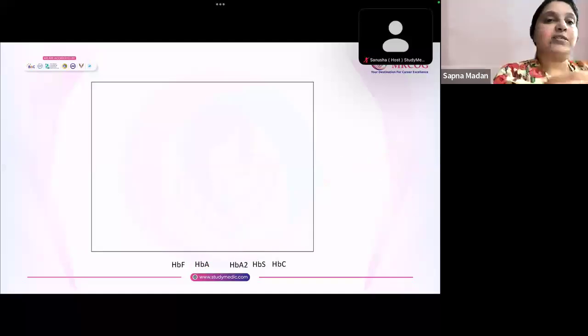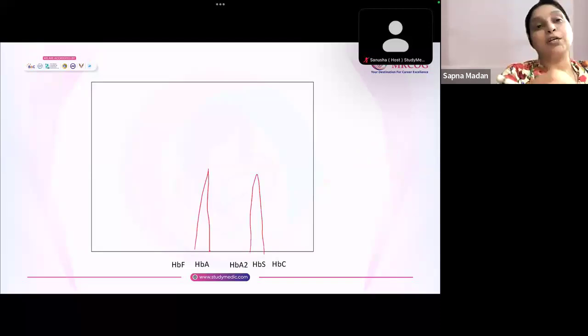Suppose we say that the HbA fraction is this and the HbS fraction is also this. So these are two peaks showing in the sickle cell range and the adult hemoglobin range. Okay, so what does this mean? So this is sickle cell trait. Why is this not disease?